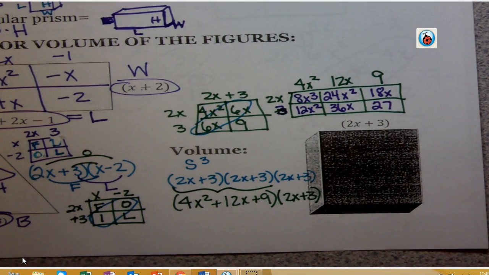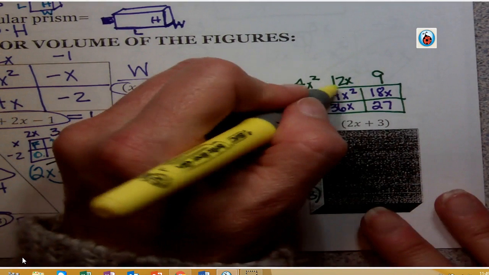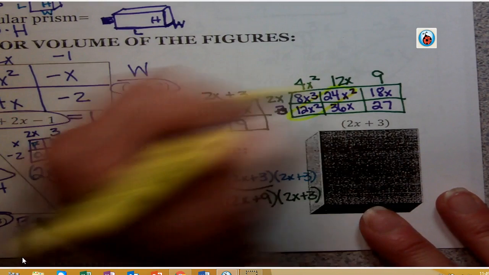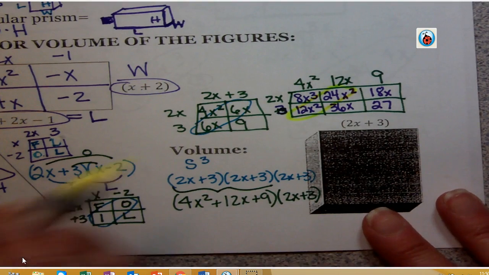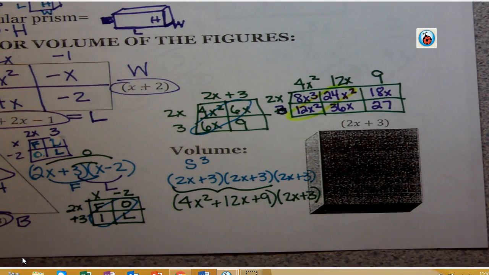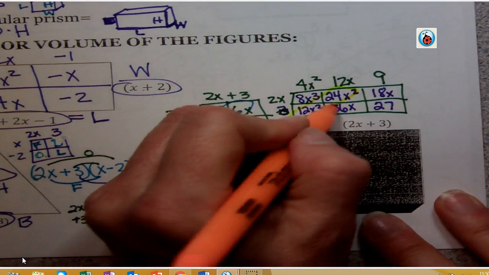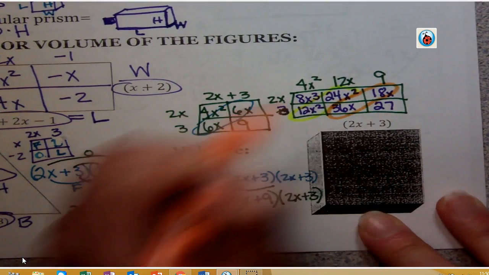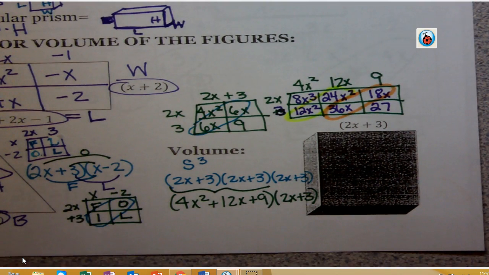So then we can combine our like terms. Here's one, and here's another. These are x's. So I have my x squareds and my x's. I have two sets of like terms.